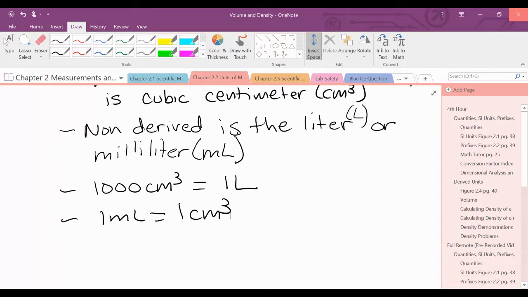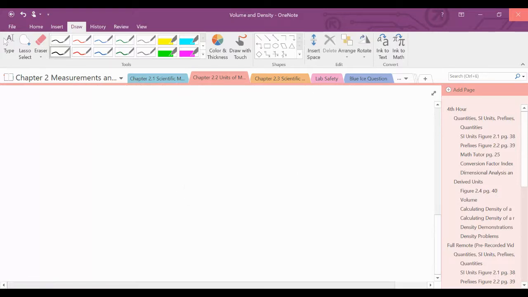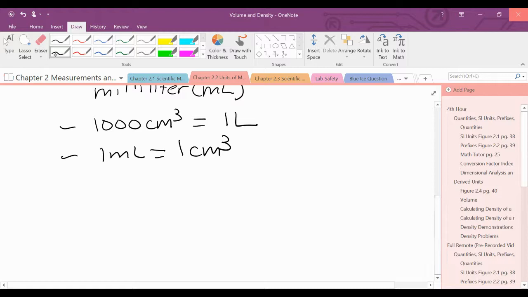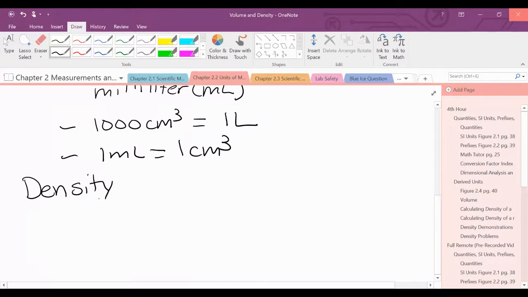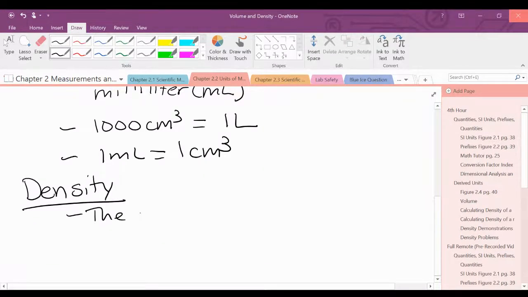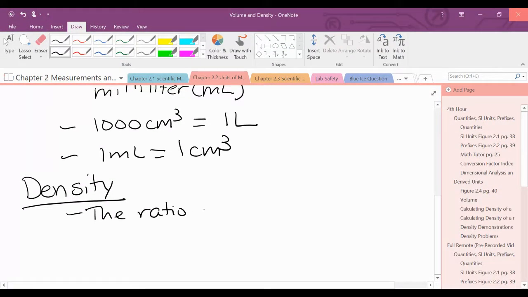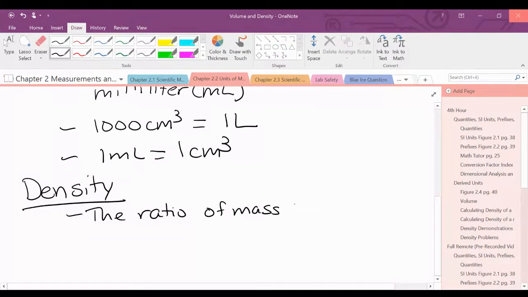Let's talk about density a little bit. So density is the ratio of mass to volume. Or another way to put that is just to write the equation.